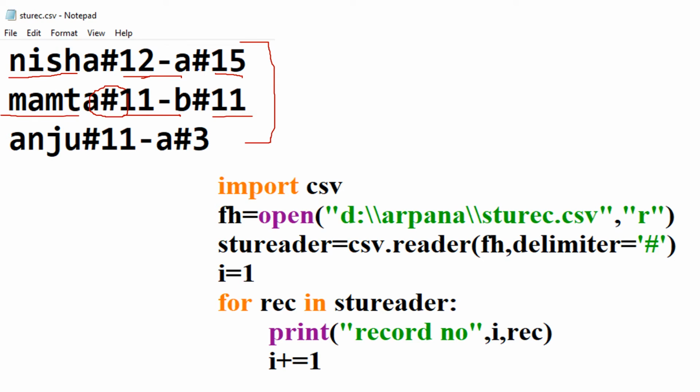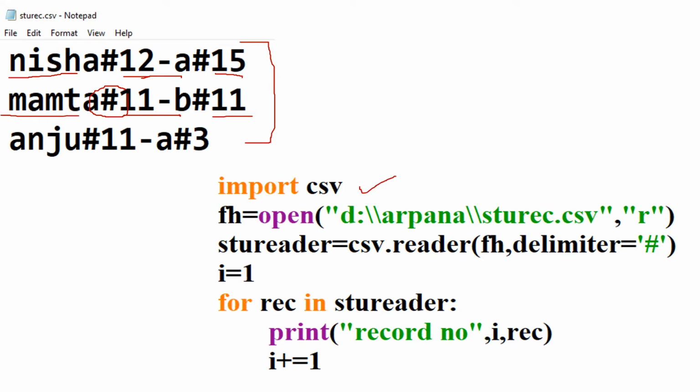So if you want to read such a file where the separator character is hash or any other character other than comma, which is the normal separator in a CSV file, because CSV stands for comma separated values, so instead of comma we have used hash here. Now if you want to read such a file, the steps are, first of all you will import csv.